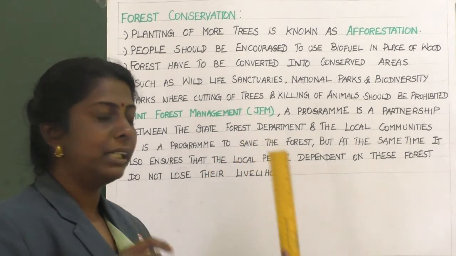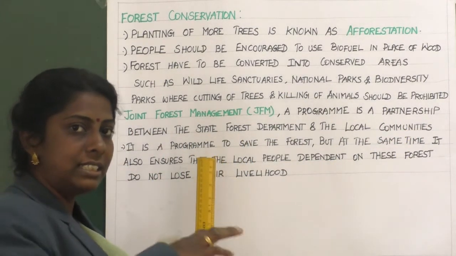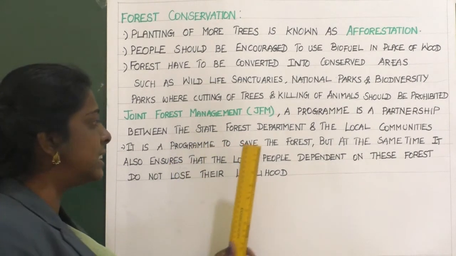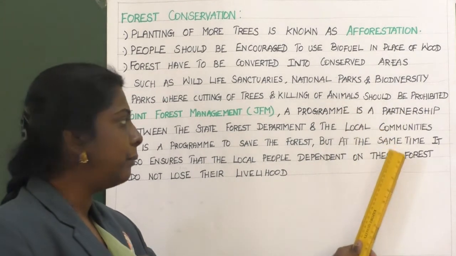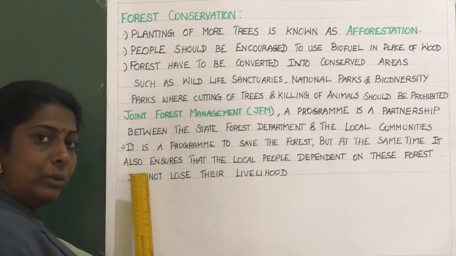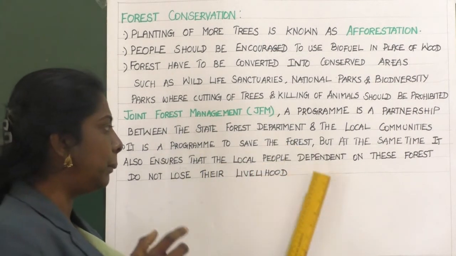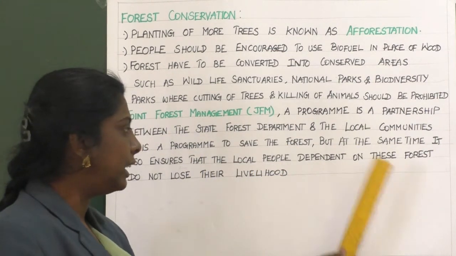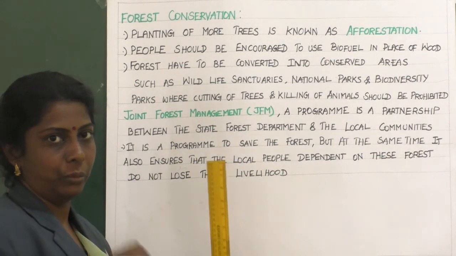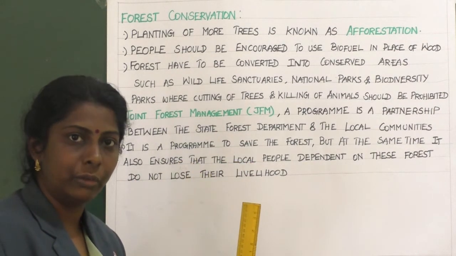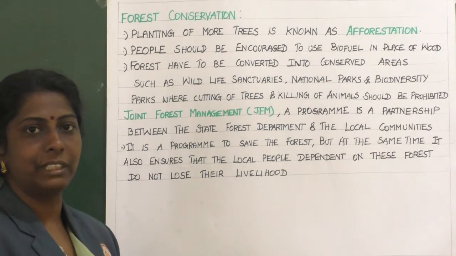This JFM is a program to save the forest, but at the same time it also ensures that the local people dependent on these forests do not lose their livelihood. Clear, children? Yes. So, this is about forest conservation.